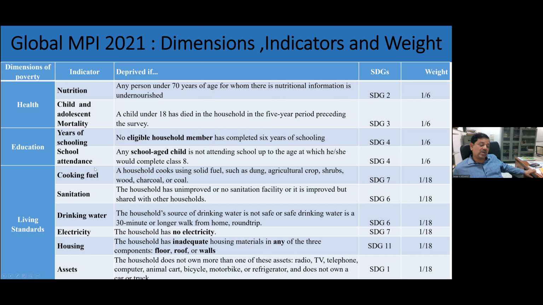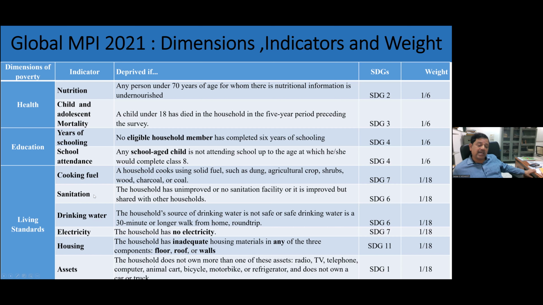Now, in terms of living standard, these are the indicators which have been used, which is basically some housing characteristics. The household has assets and electricity, and some basic services or basic facilities. Each of the variables is made dichotomous.